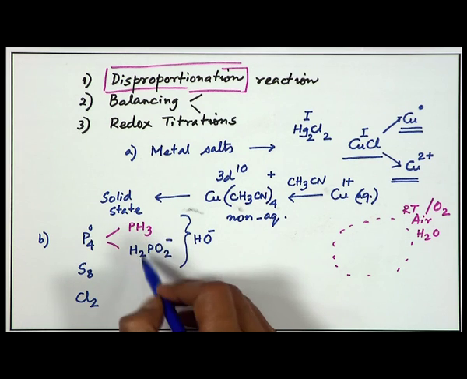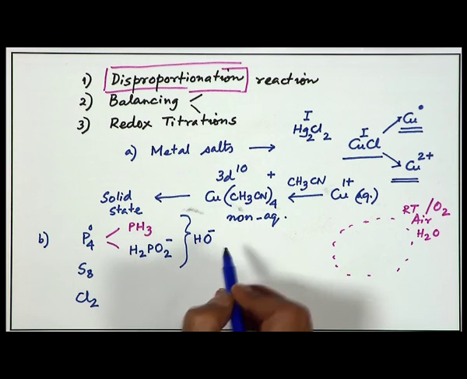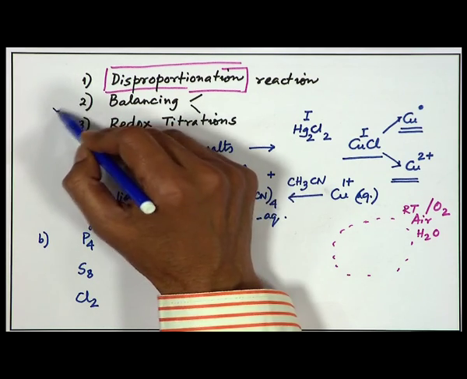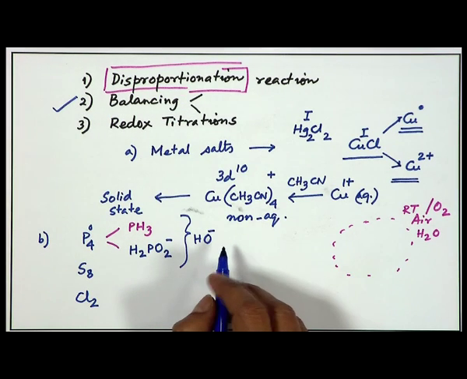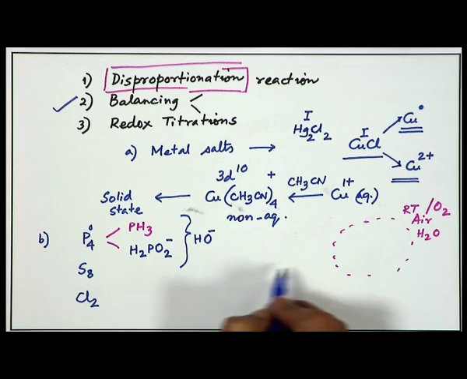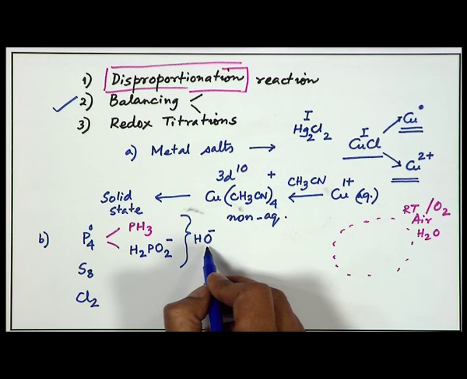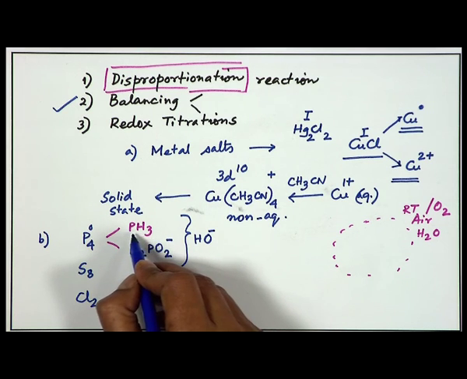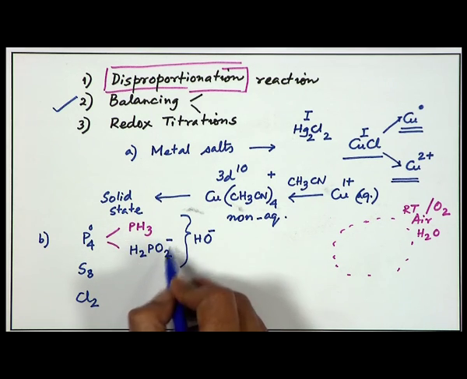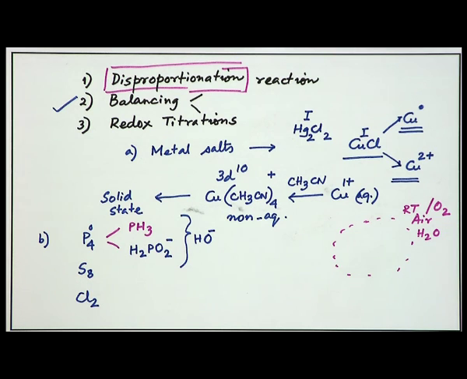So, if two products are given, we should be able to write a balanced redox reaction for the reaction of elemental phosphorus in basic medium to give PH3 and H2PO2 minus. That we will see today.